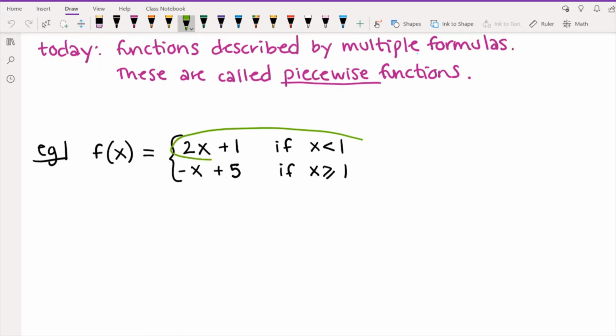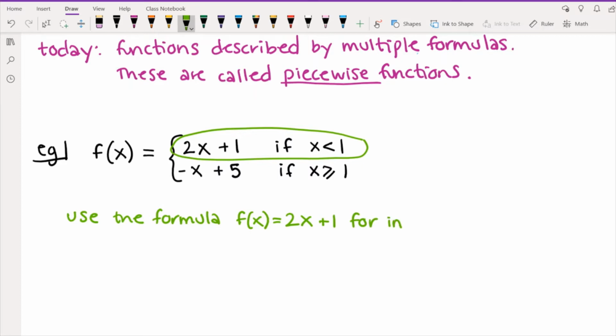And so what this part here is telling us is that we're going to use the formula f of x is equal to 2x plus 1 for inputs that are less than 1.